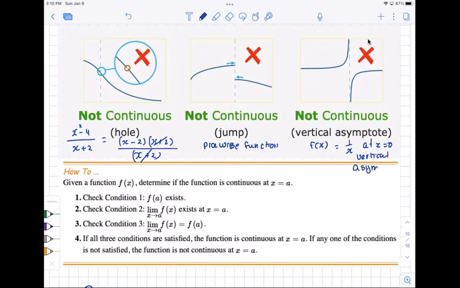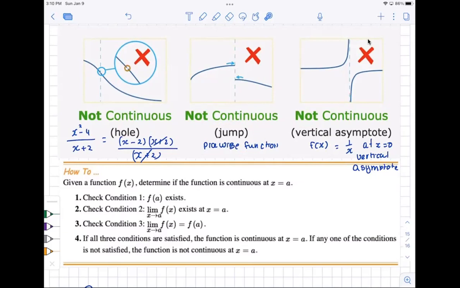These are examples of discontinuity. You can graph your function to see where the discontinuity is, or if you are given a graph, you can tell that there is a discontinuity at these points.